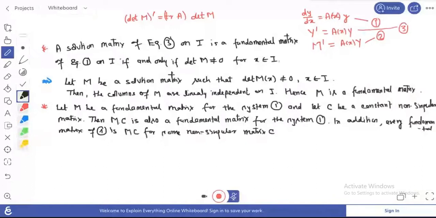Okay, so this proof is in 3 to 4 lines only.